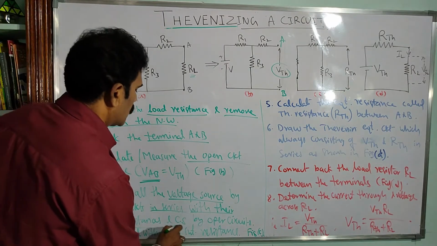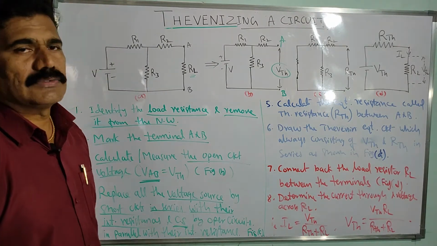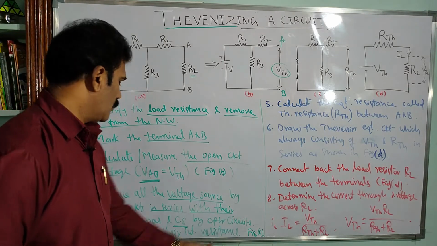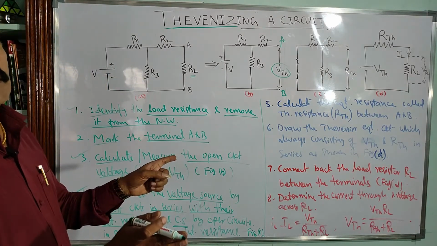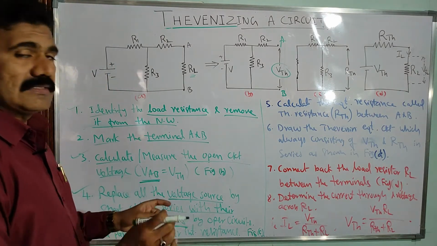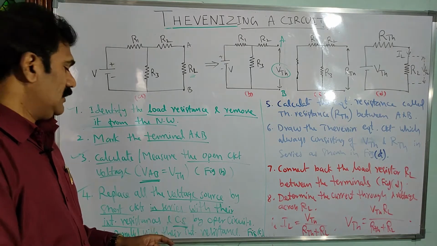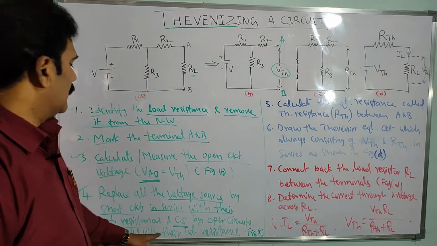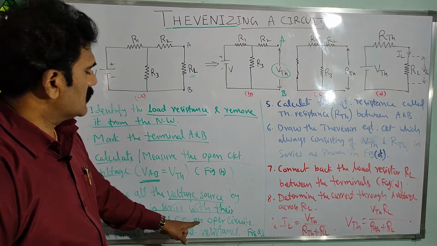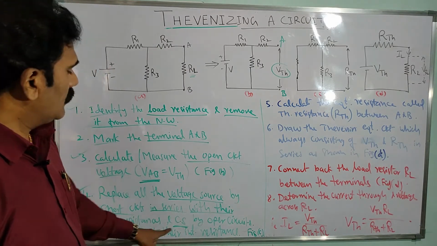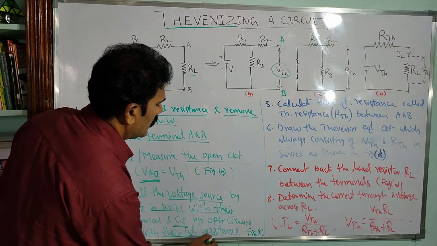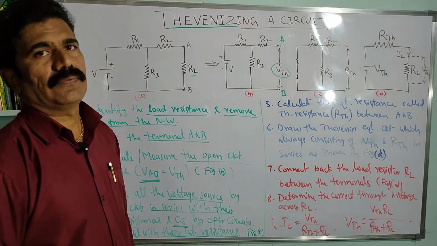Suppose there are current sources, CS meaning current sources here: replace current sources by open circuit. Nothing to be connected, keep it open. If there is an internal resistance for the current source, then keep it in parallel. So current sources by open circuits in parallel with their internal resistances. So very simple it is.